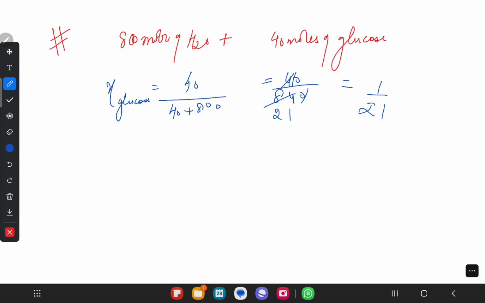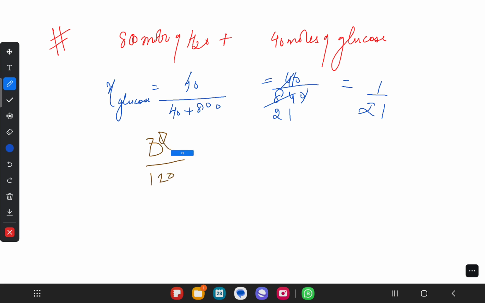Did you understand? Next, calculate the mole fraction of water. What would be the mole fraction of water? Put in the values. The mole fraction of water will be 80 over 120.